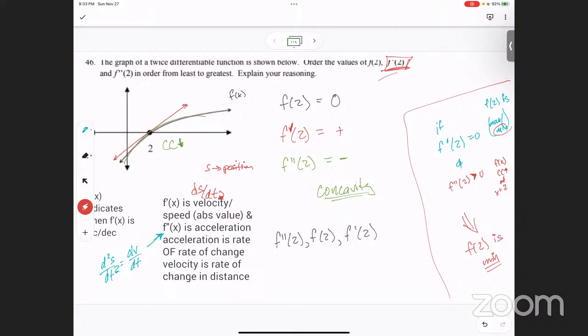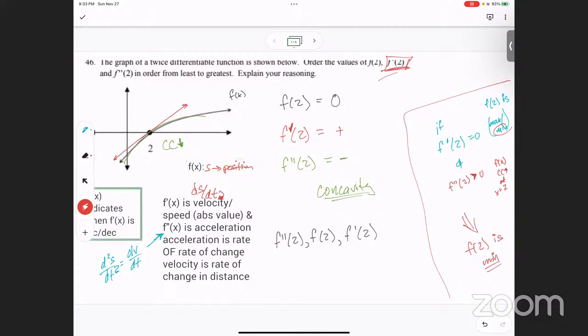Gotcha. I guess mainly what I wanted to make sure of was, if f prime of x is negative, then that means it's decreasing.